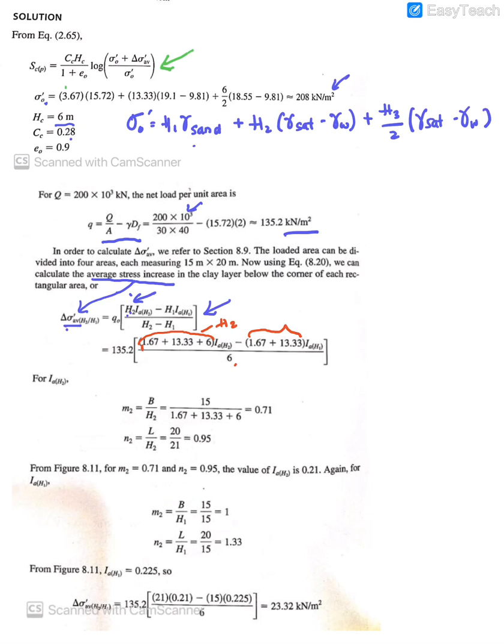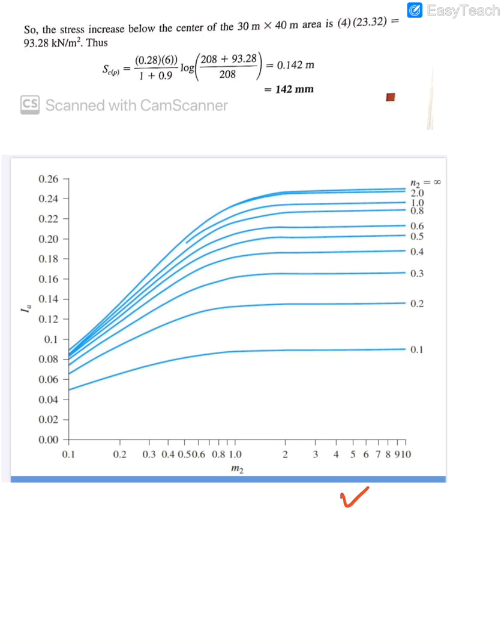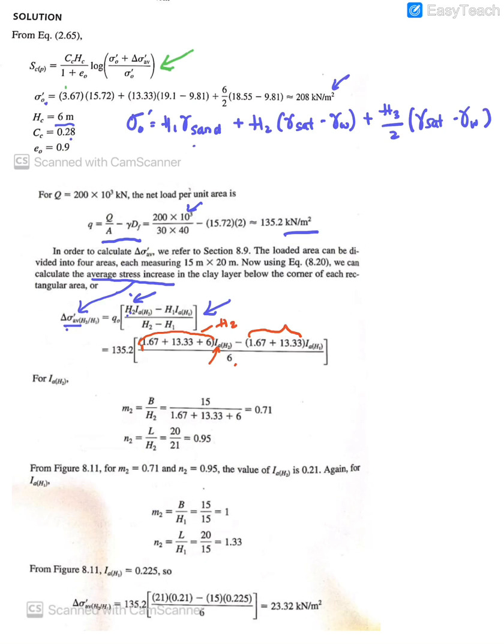Okay? So now you have to find IAH2 and IAH1. So to determine this value, you have to use this figure. In order to use this figure, you have to find M2 and N2.